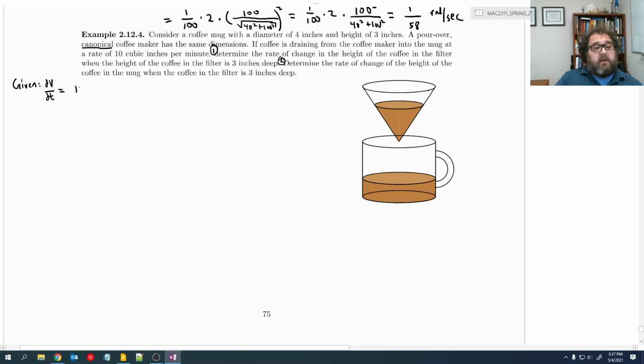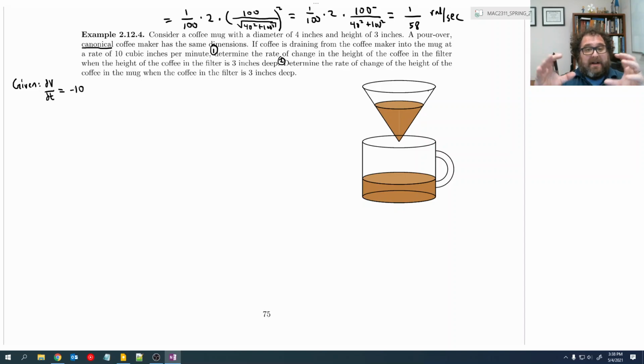Now, careful, in the sentence it says 10, but let's think about this. The volume of the coffee is getting smaller. When a quantity is getting smaller, it's going to have a negative rate. So negative 10. We've got to be careful in that respect.